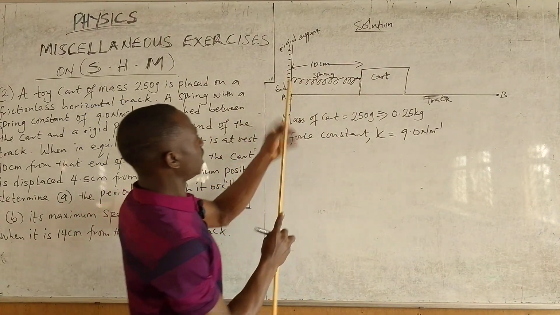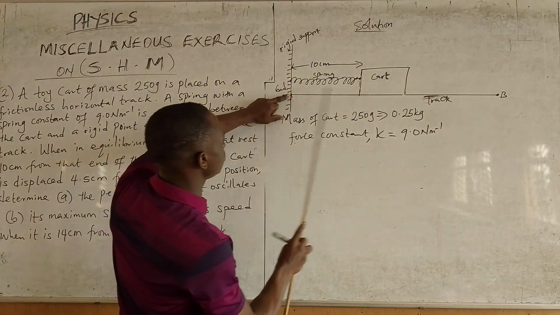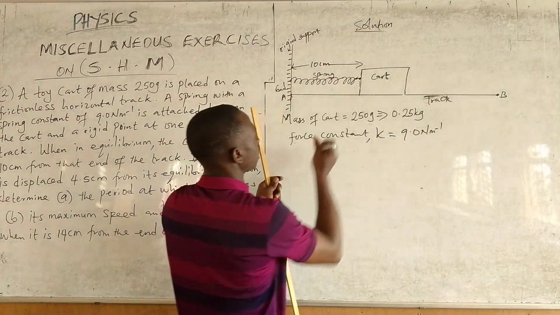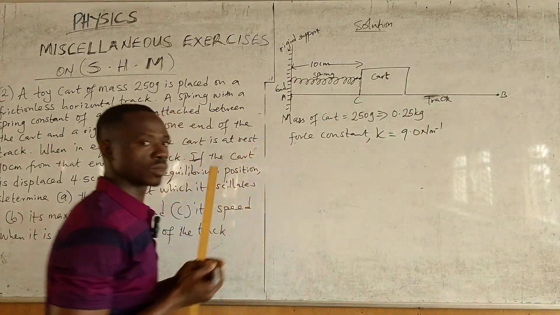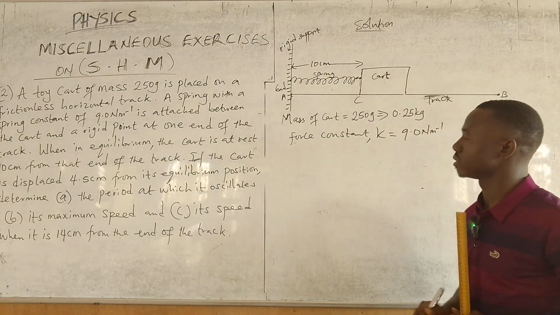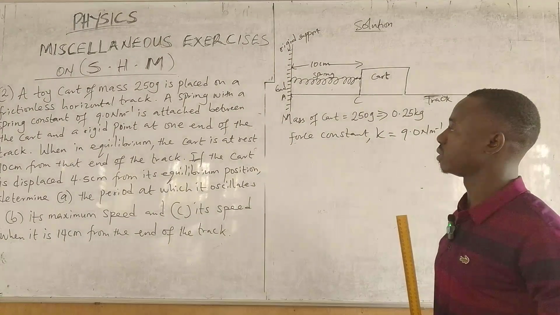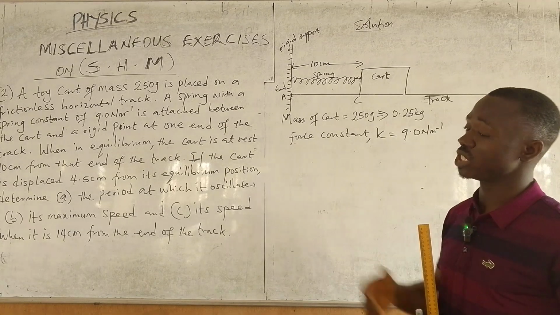We are using ear to ear as our equilibrium position from point A to this point here. So I can call here point C. So my statement is very correct. At equilibrium position, the cart is at rest. It has not been displaced.